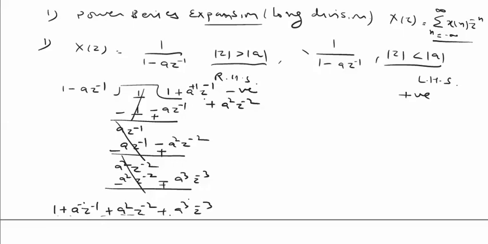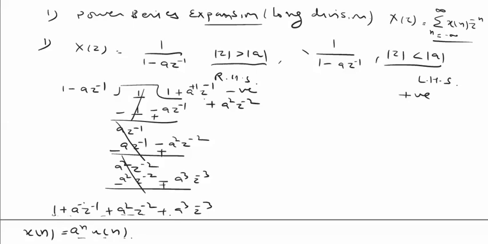Result of it, we can find in this way: a to the n u(n) is our result x(n). Because it is a GP, starting at 0 location the value is 1, at 1 location the value is a, at 2 location a square and so on.